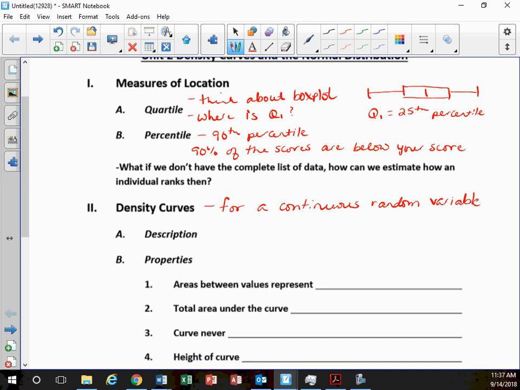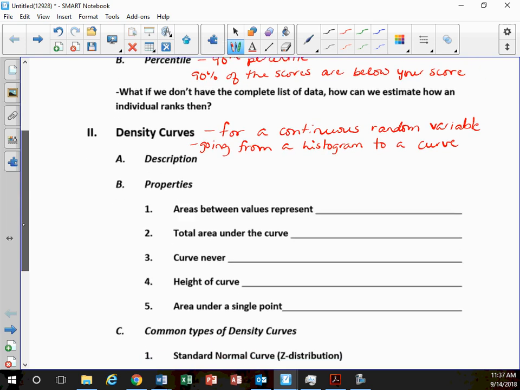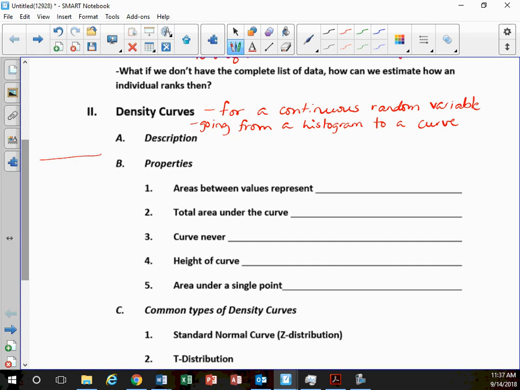And what we're doing with this is going from a histogram to a curve. So if you think about it, you have your nice little histogram. We are turning that into a curve.